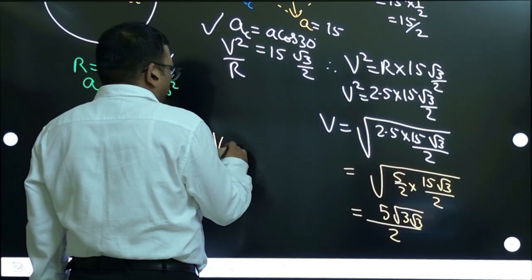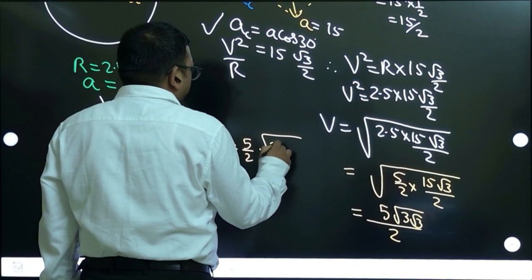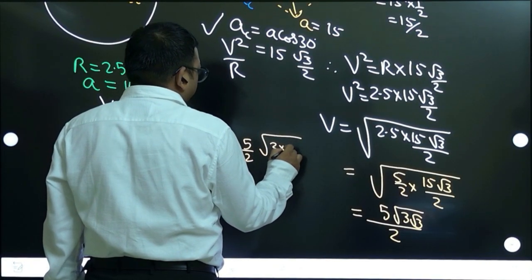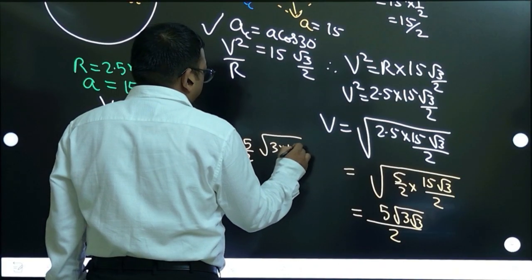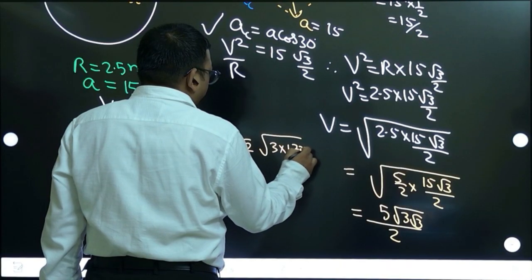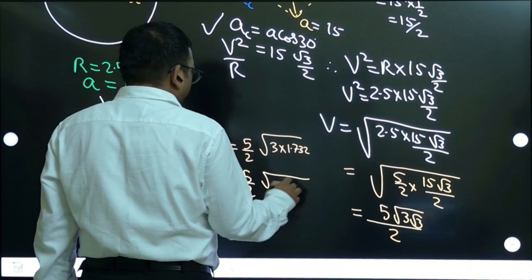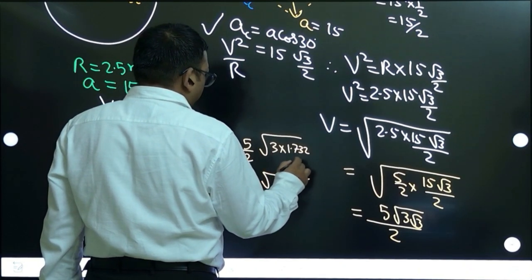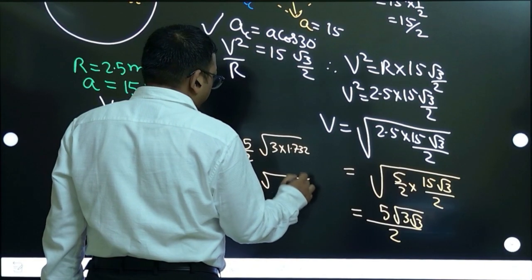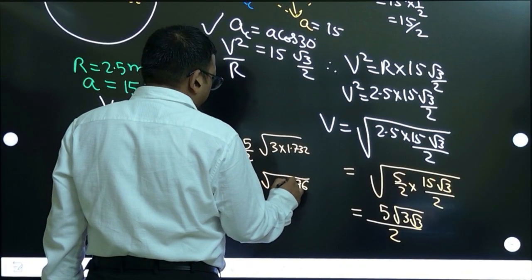So speed is equal to 5 by 2 into the root of 3 root 3, where root 3 is nearly 1.732. So let us calculate this.